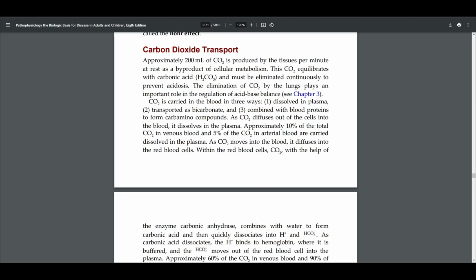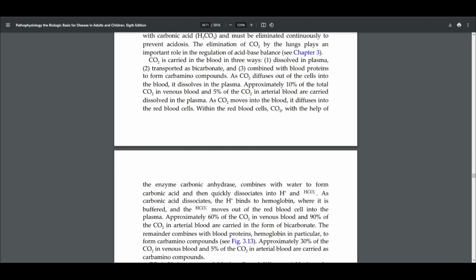The elimination of CO2 by the lungs plays an important role in regulation of acid-base balance. CO2 is carried in the blood in three ways. It dissolves in plasma, it's transported as bicarbonate, or it is combined with blood proteins to form carbamino compounds.